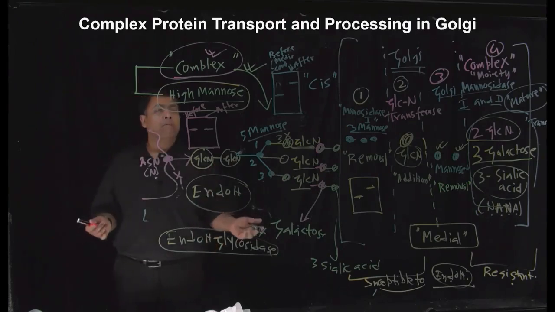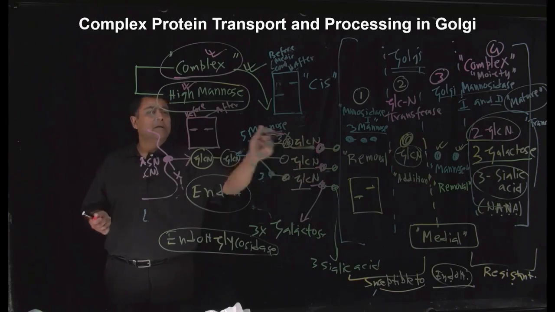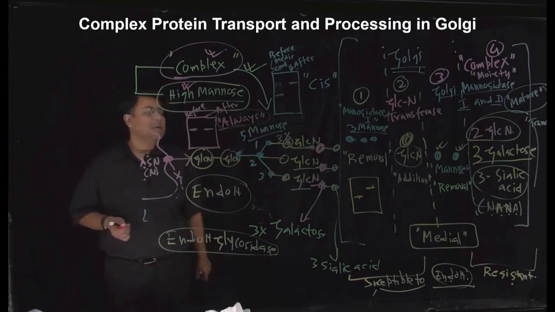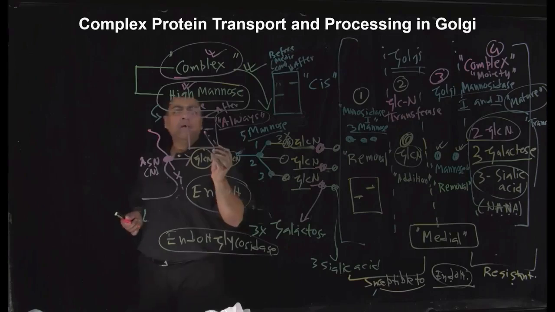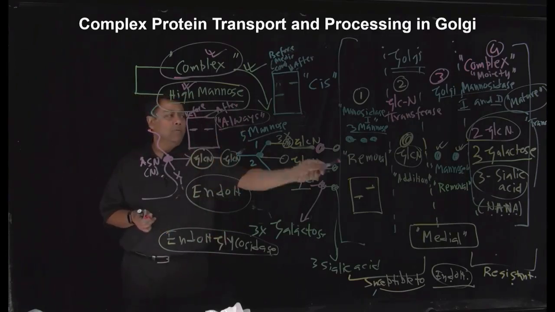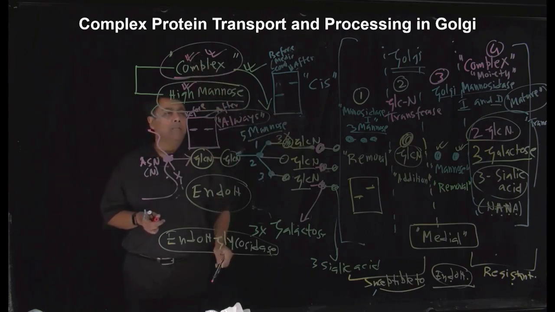The important part is that high mannose without any complication of these is always digestible, always susceptible to endo-H. It doesn't matter whether it passed the Golgi or not. So you cannot study trafficking of high mannose when it crossed the medial Golgi. You can only do that with the complex.